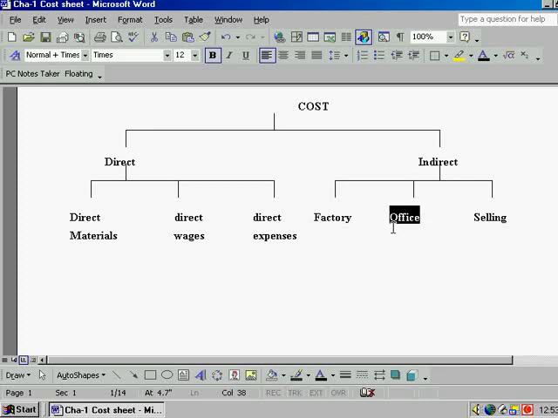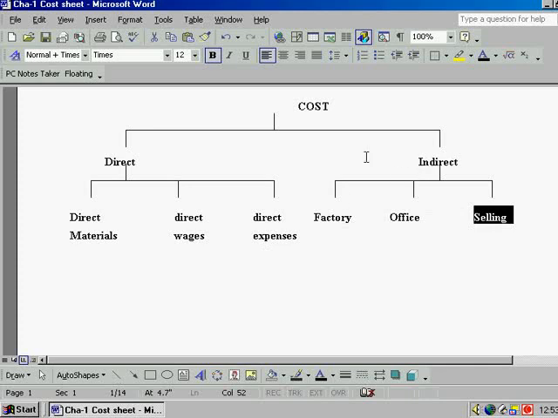The printing and stationery material is an office indirect material. Office staff salary is indirect salaries of office. And there are so many other expenses like postage, telegram, telephone expenses and so on. They are all indirect. And similarly for selling and distribution overheads. Sales department staff, salesman's commission, salesman's traveling, advertisement cost. These will all come under selling and distribution overheads.